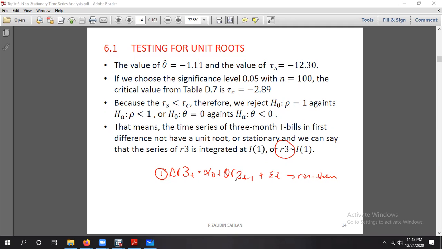That's why we need to difference the data of R3.